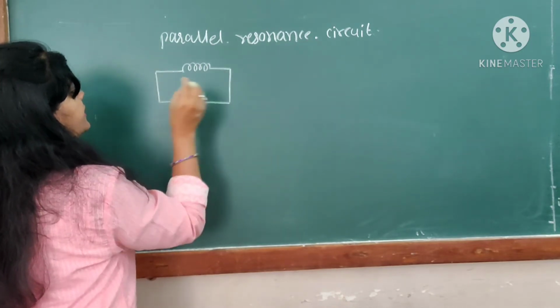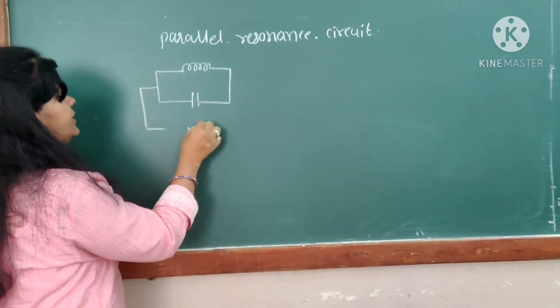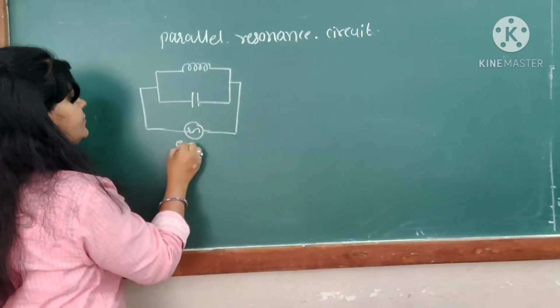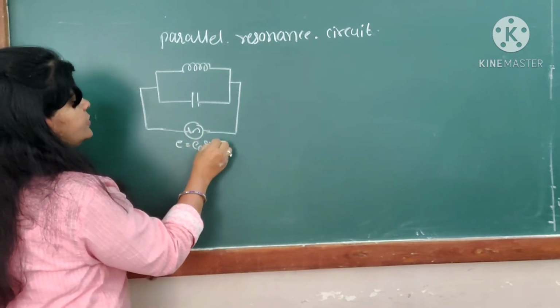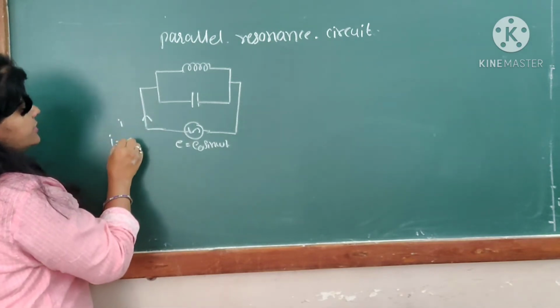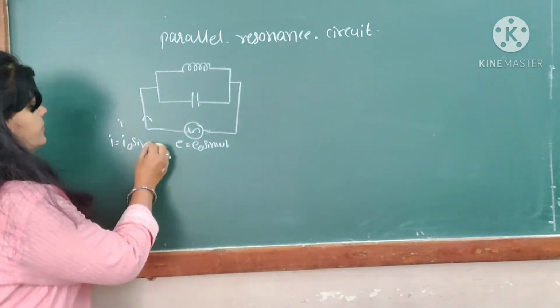Both are connected in parallel, and we apply an alternating EMF source, E equal to E naught sin omega t, and the current flowing through it is I equal to I naught sin omega t.